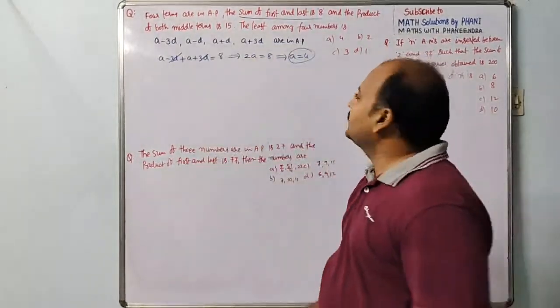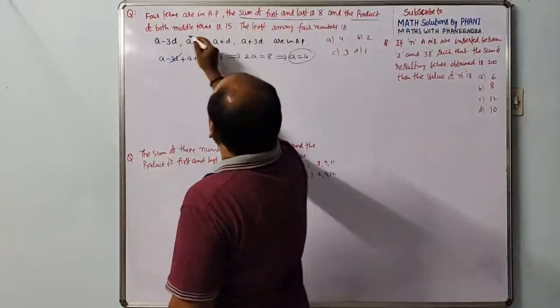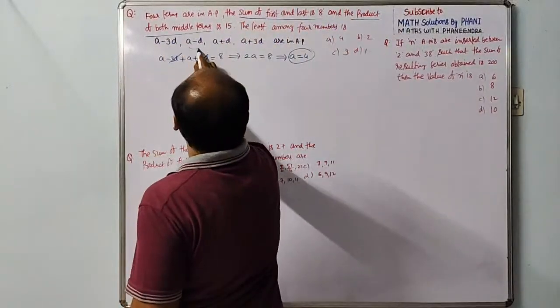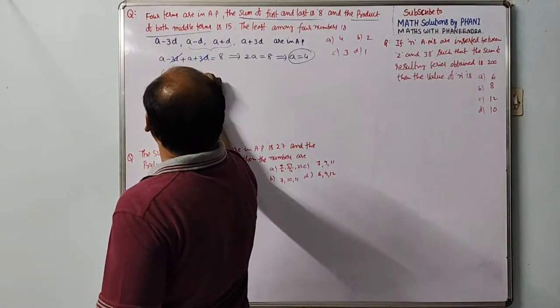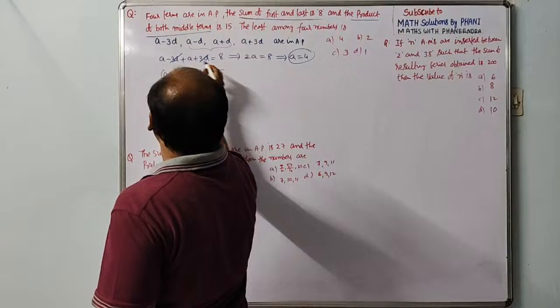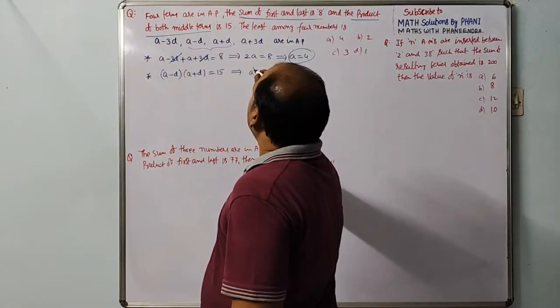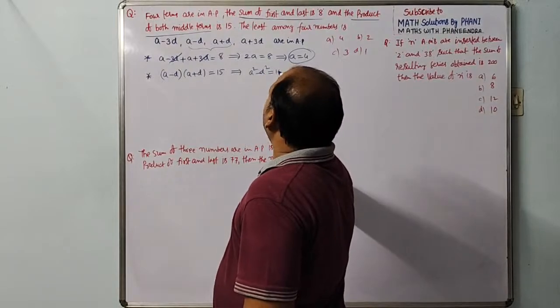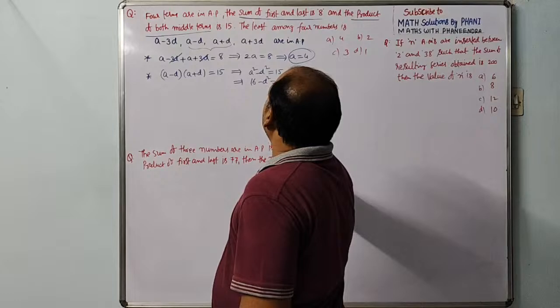Okay, dear students, next. The product of both middle terms, that means these two, (A minus D) into (A plus D) is equal to 15. That implies A square minus D square equal to 15. A value is 4, so 16 minus D square equal to 15.